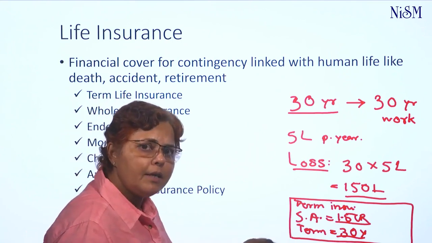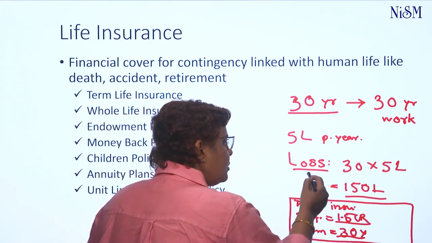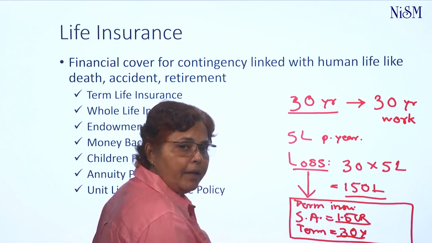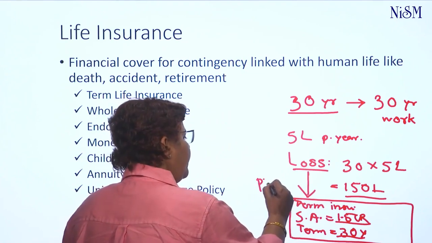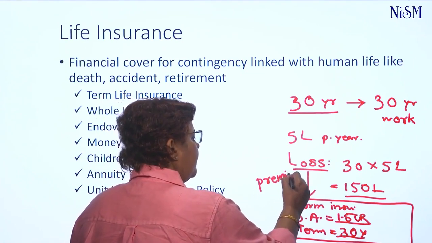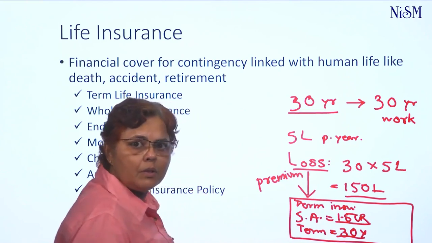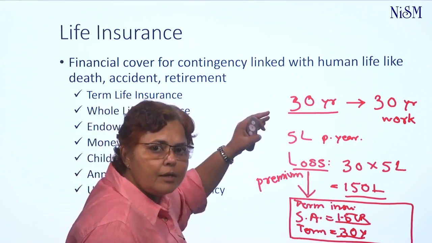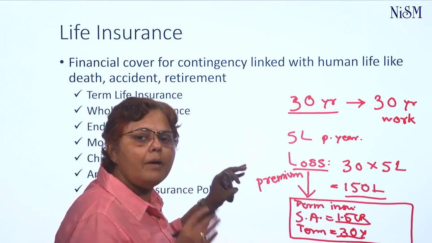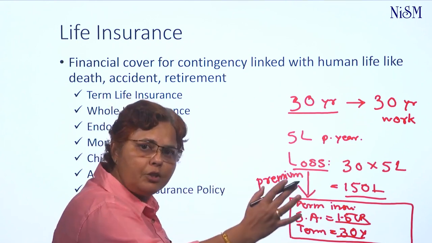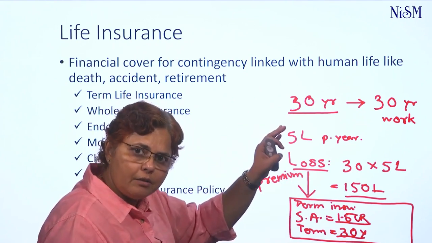And for this, he is going to pay some money to the insurance company, which is called premium. So, he is going to pay some premium every year to the insurance company for the next 30 years.